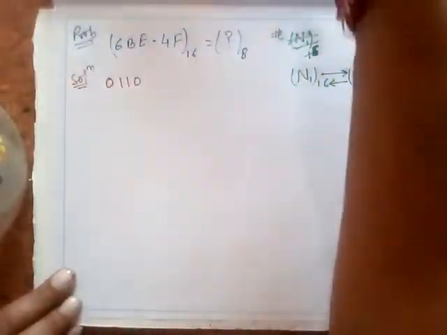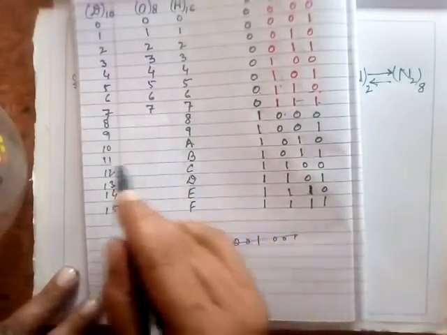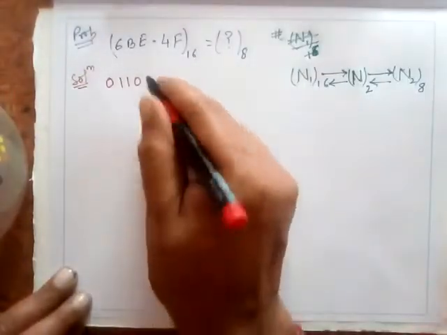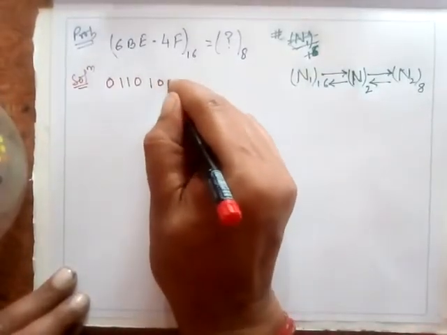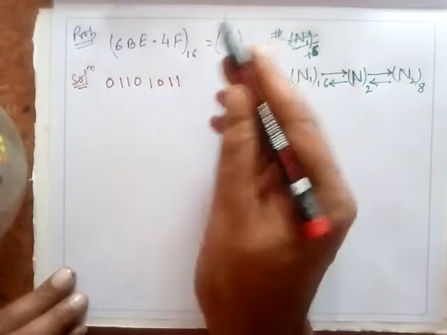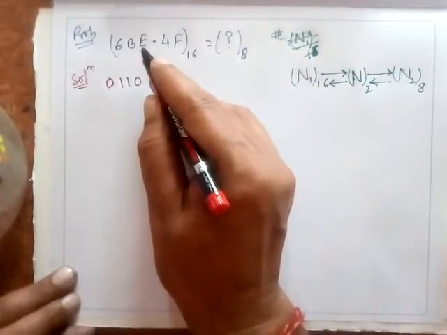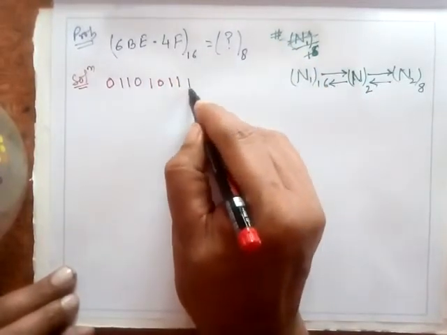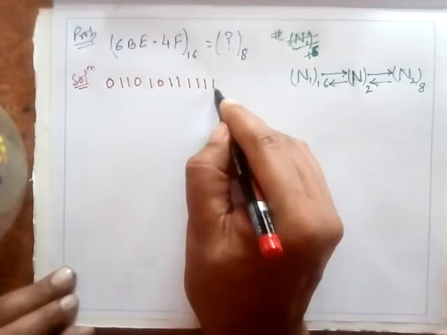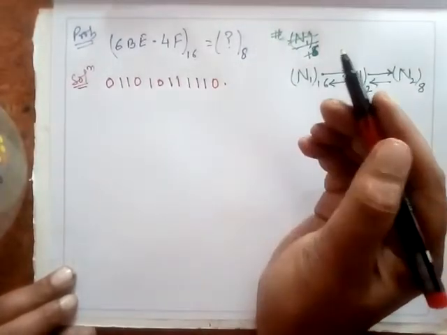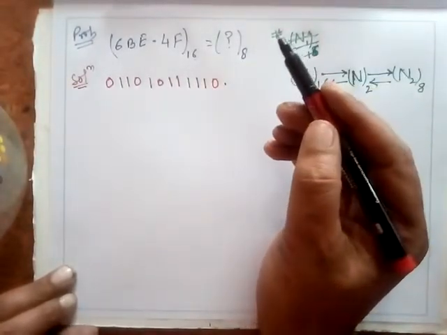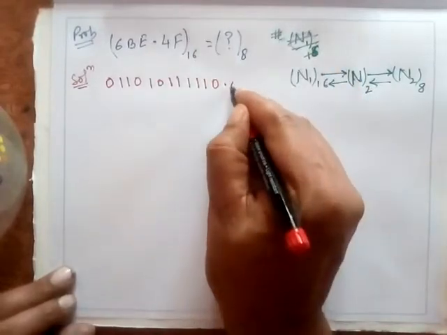Then B is 11, which is 8 plus 2 plus 1, so B is 1, 0, 1, 1. Then E corresponds to 14, which is 1, 1, 1, 0. Point 4 is simply 0, 1, 0, 0.